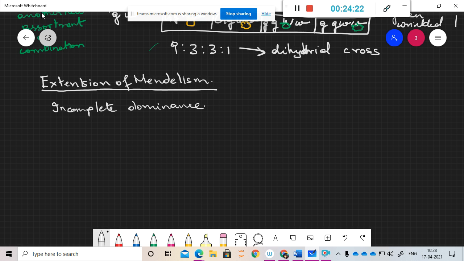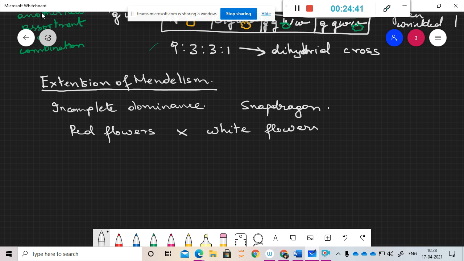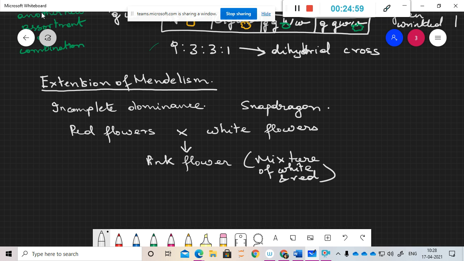In the flower snapdragon, it was found that when red flowers were crossed with white flowers, instead of getting red flowers, what they got was pink flowers. A mixture of white and red.